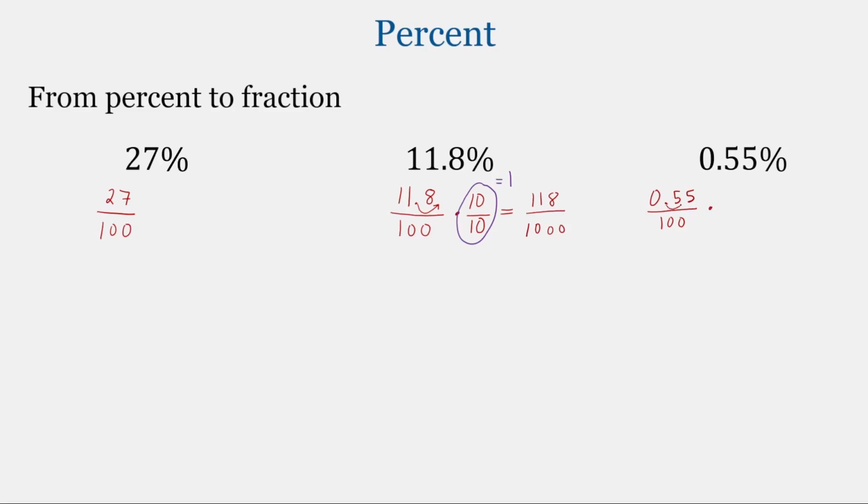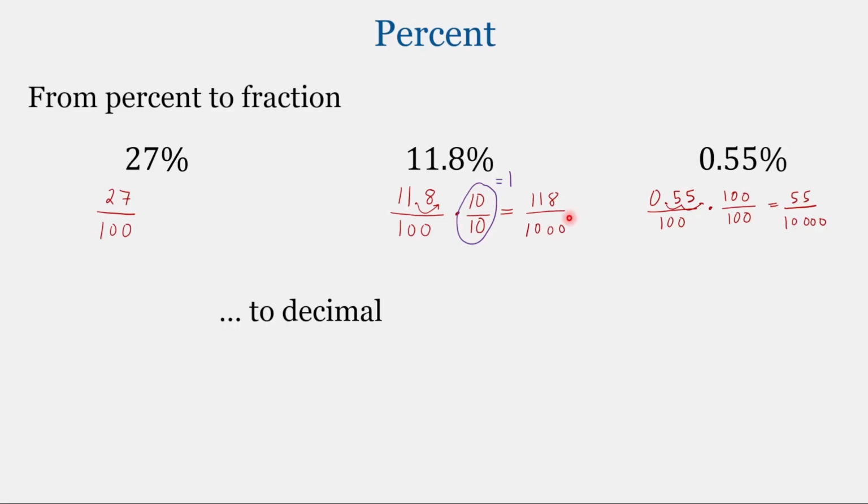We want to move it 2 places to the right. So we can do this by multiplying by 100. Again, we have to multiply by 1. So we'll multiply it by 100 over 100. This will give us 55 in the numerator and 10,000 in the denominator. So we have now converted something in percent form into fraction form.